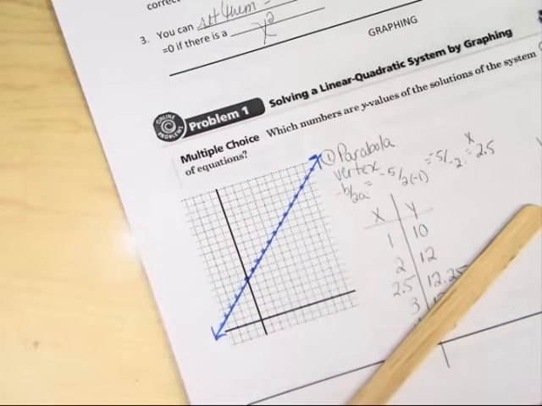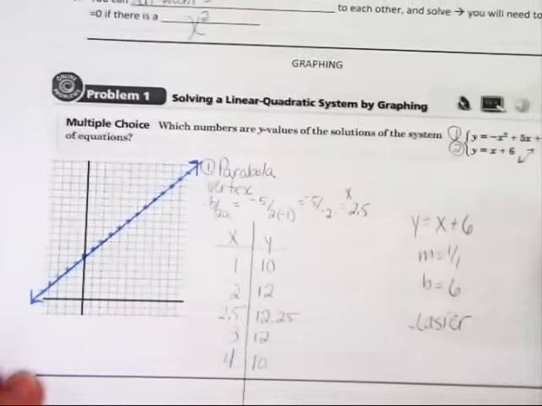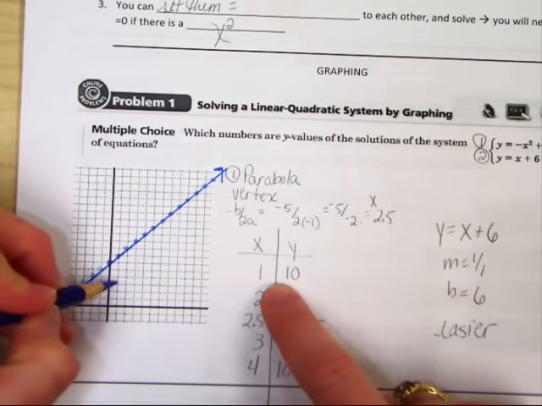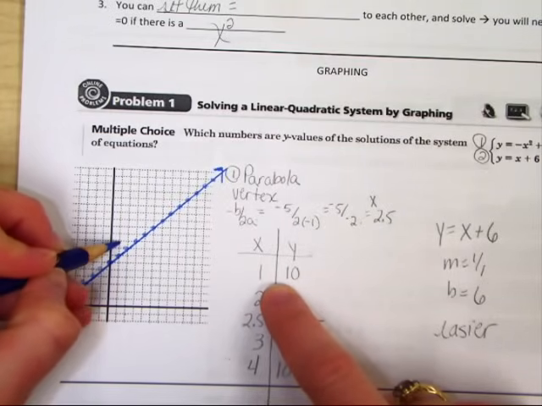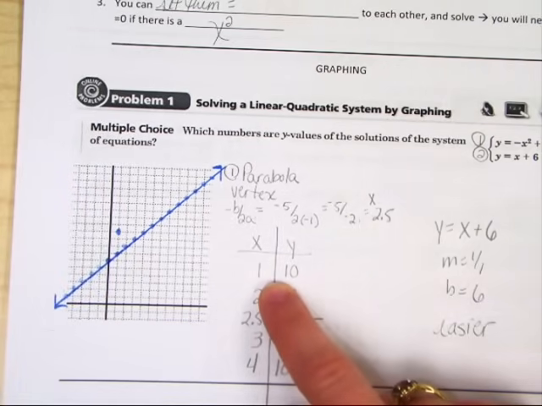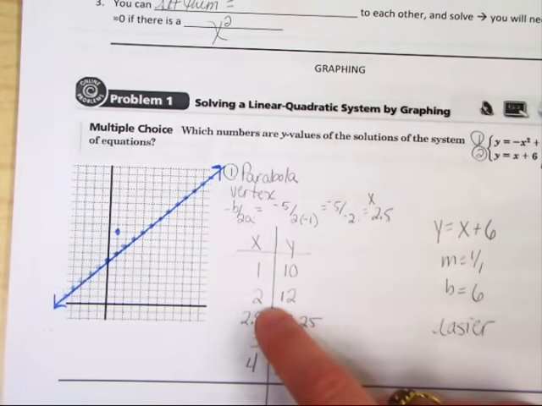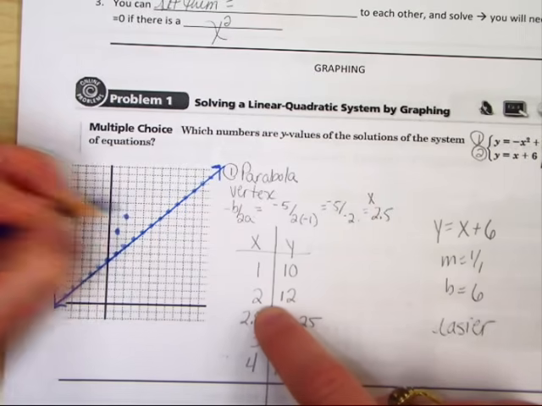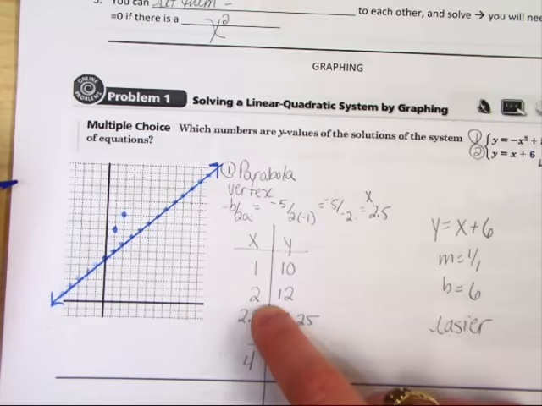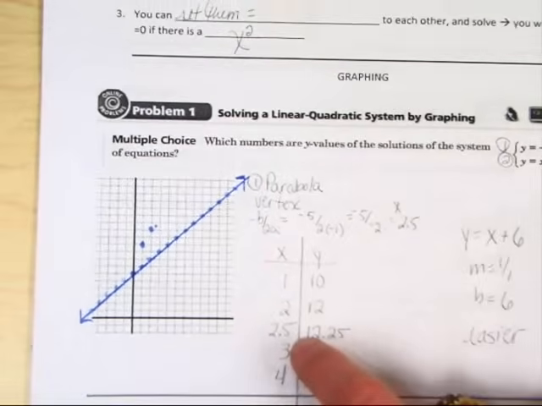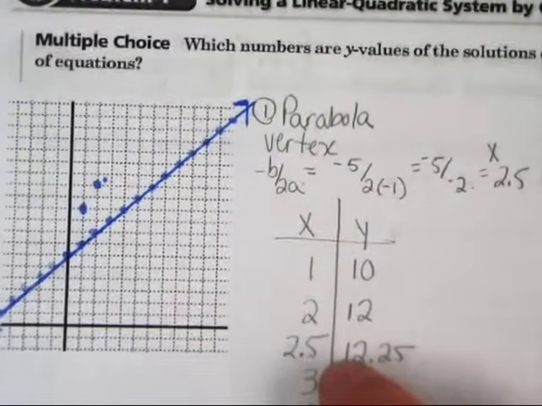Well, we're halfway through. Now we got to plot our points for our parabola. Let's go over 1 up 10. Did that cross? No, unfortunately it didn't. Let's go over 2 up 12. Did that cross? No. Let's go over 2.5 up 12.25. That's going to be kind of a hard dot. Take a look. I'll zoom in if you want. You see it?